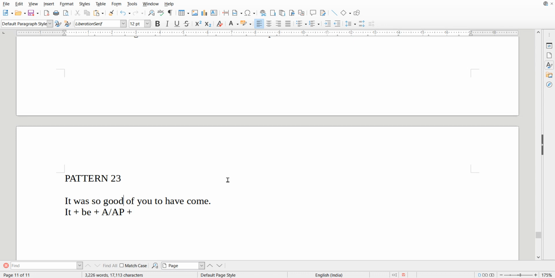And then you have a preposition plus prepositional object. So the object of is you is the object of the preposition of. If you remember, prepositions and verbs take objects or they govern objects. And to have come is an infinitive phrase, to infinitive.